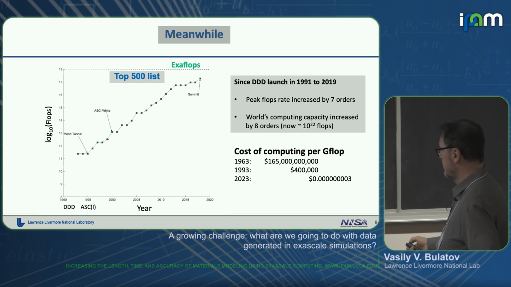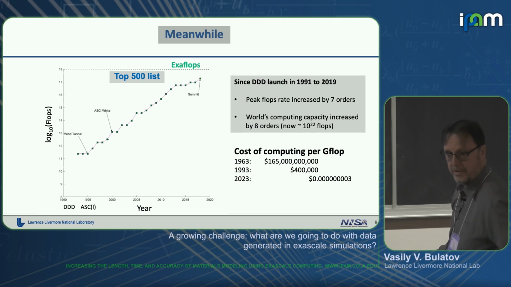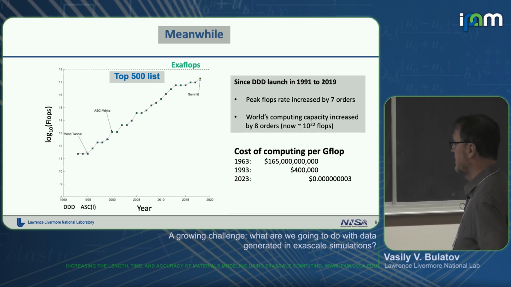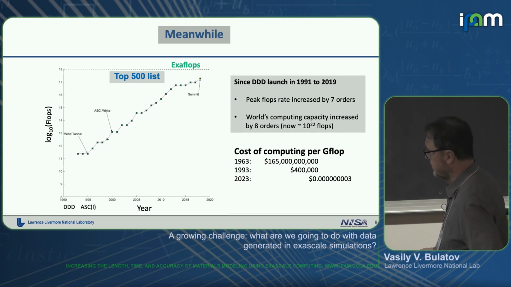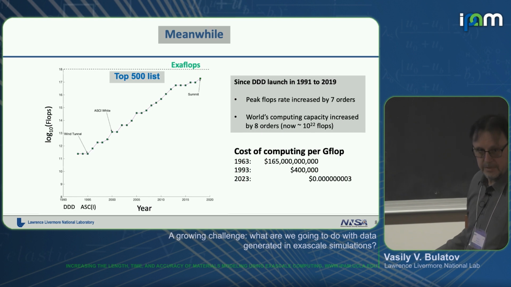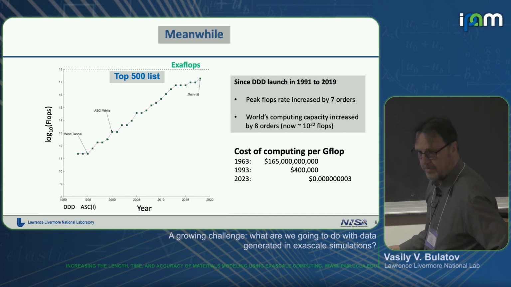So in 1963, that was $165 billion per gigaflop. The entire capacity of the world was below that. But in 1993, it was about that much. And you see that this is 6 orders of magnitude. It's quite impressive. But if you count orders, I'll count for you. It's actually 14 orders of magnitude to now. And that is an actual real number from Frontier.